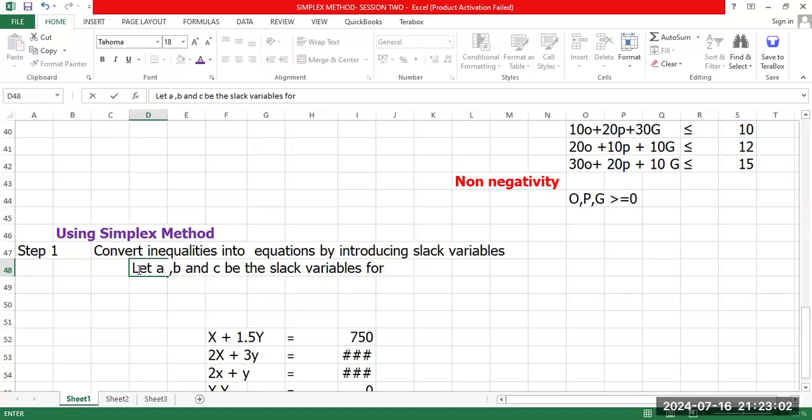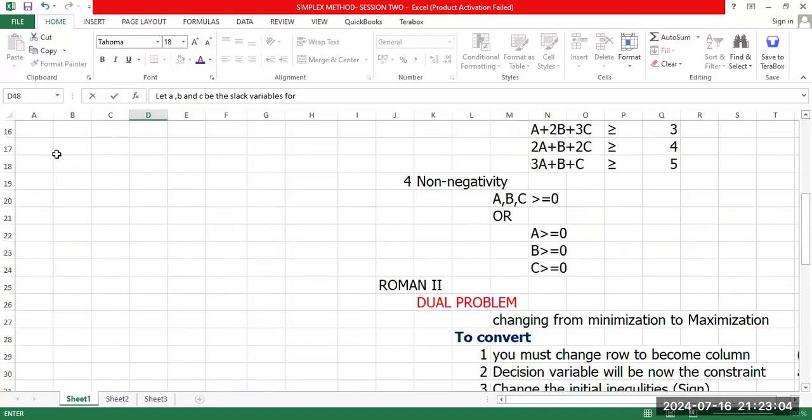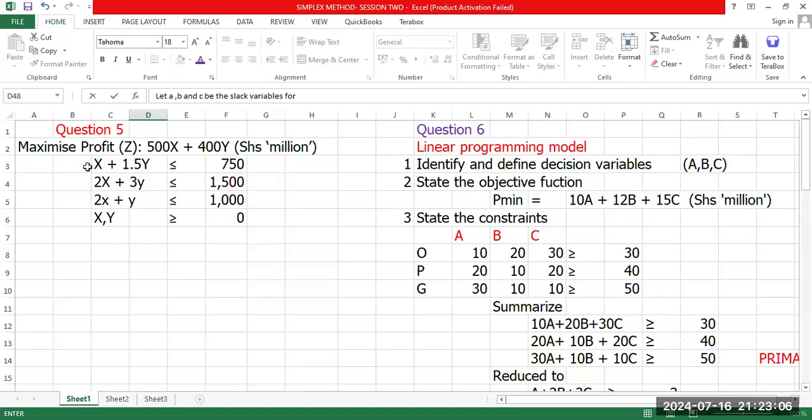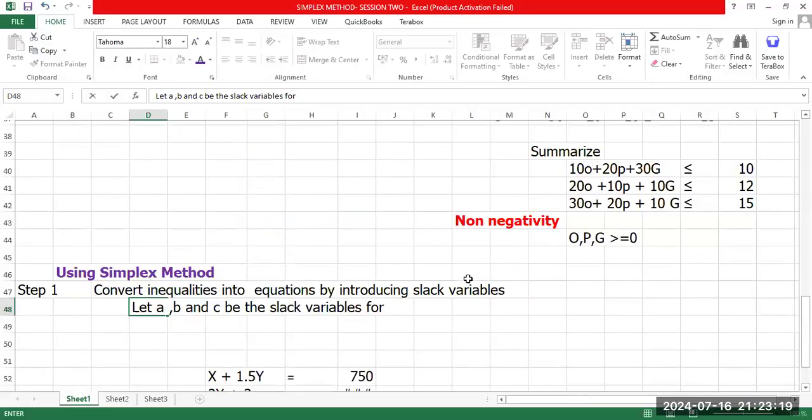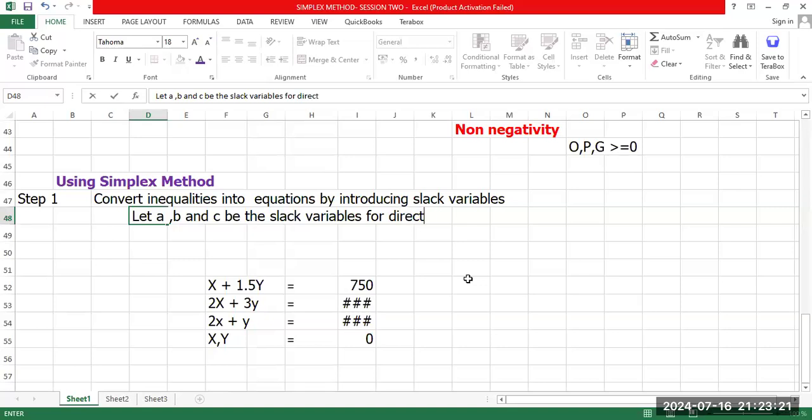For what was the constraint related to inequality 1? What was here? It was direct materials. We say for direct materials, then the next constraint is what?